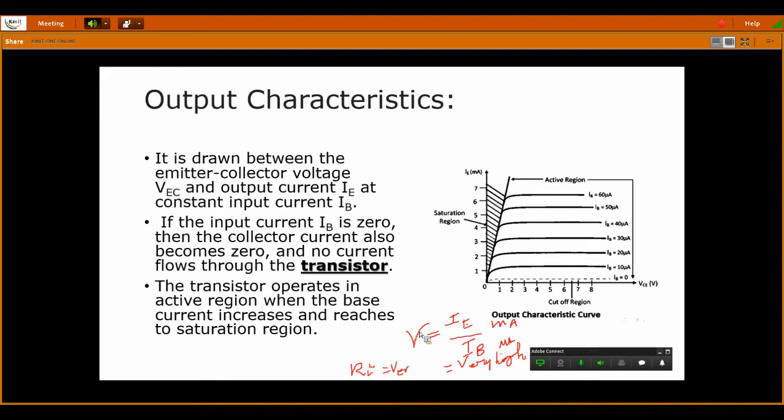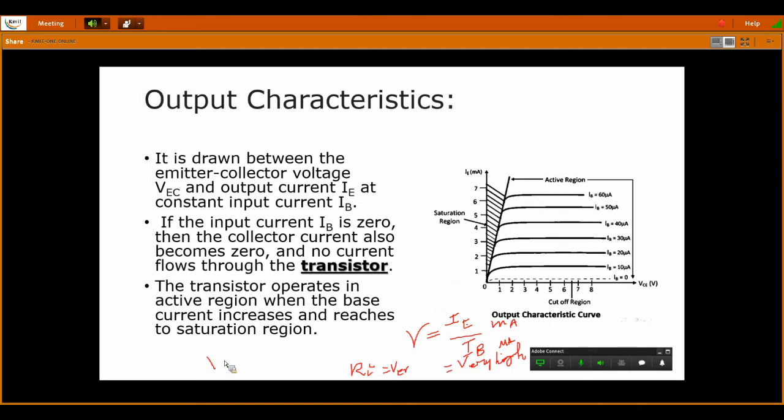But the voltage gain, the ratio of the output voltage to the input voltage, where the output voltage is the emitter voltage and the input voltage is the base to emitter voltage, these two are approximately equal.